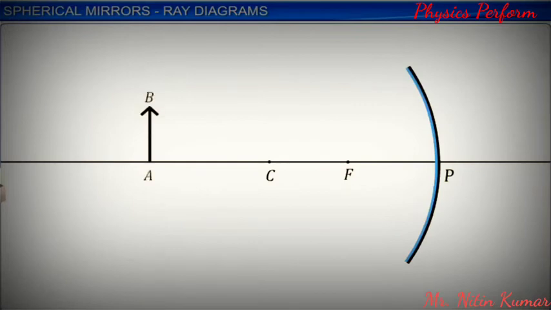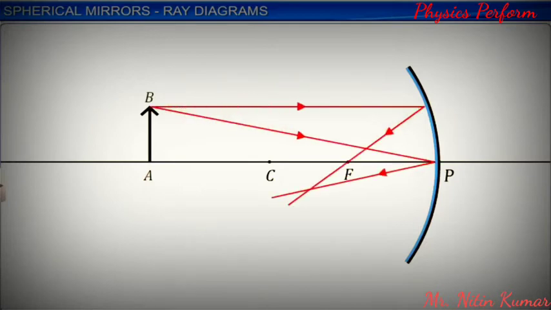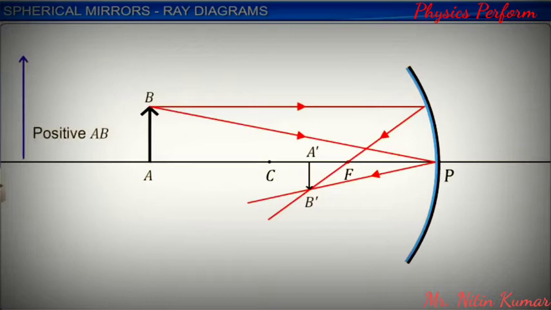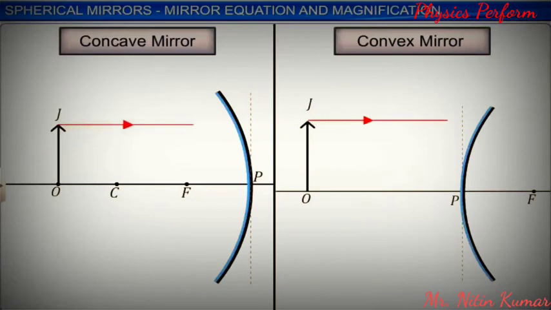In such a case, the length of the object is positive, and the length of the image is negative. With the proper sign convention, we can use a single formula, which we will discuss in the next module, for all possible cases.